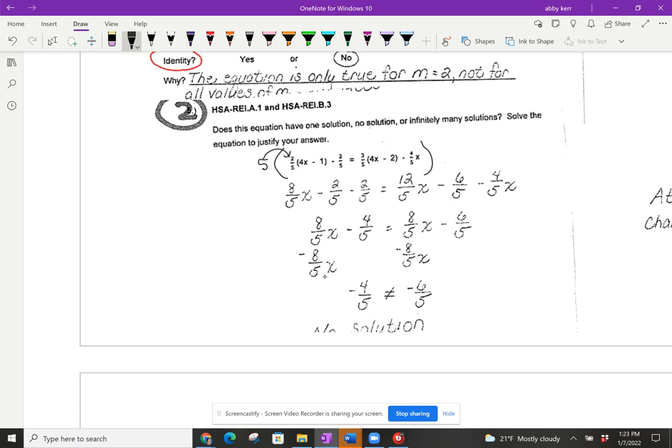So 5 times 2/5 is 2. 5 times -2/5 is -2. 5 times 3/5 is 3. Notice that what's inside the smaller parentheses are not changing. And then -4x. And then from there, all we're doing is distributing, and then we'll combine like terms.